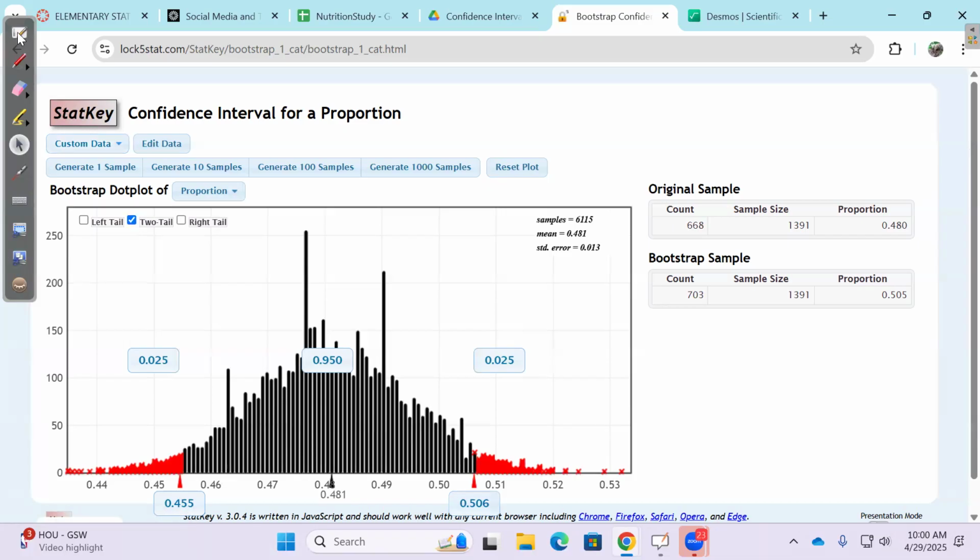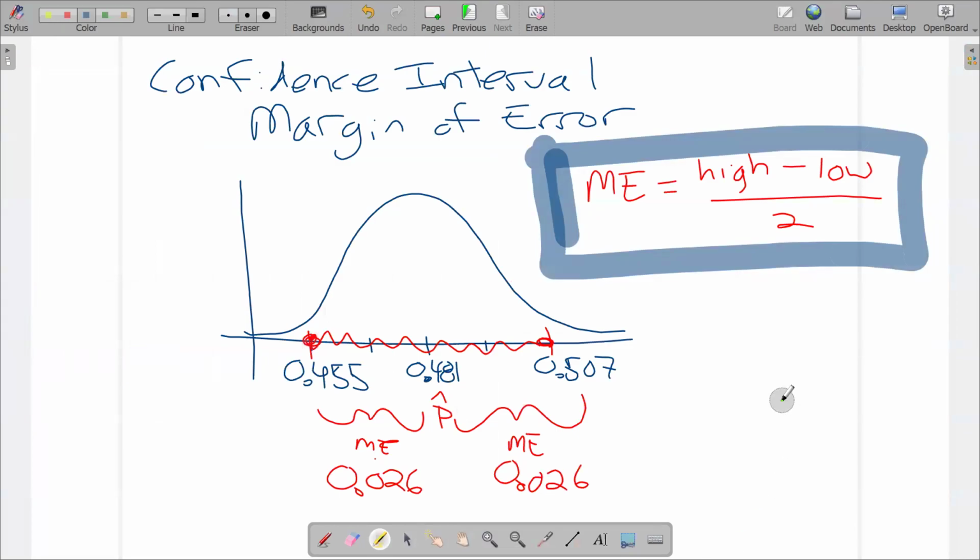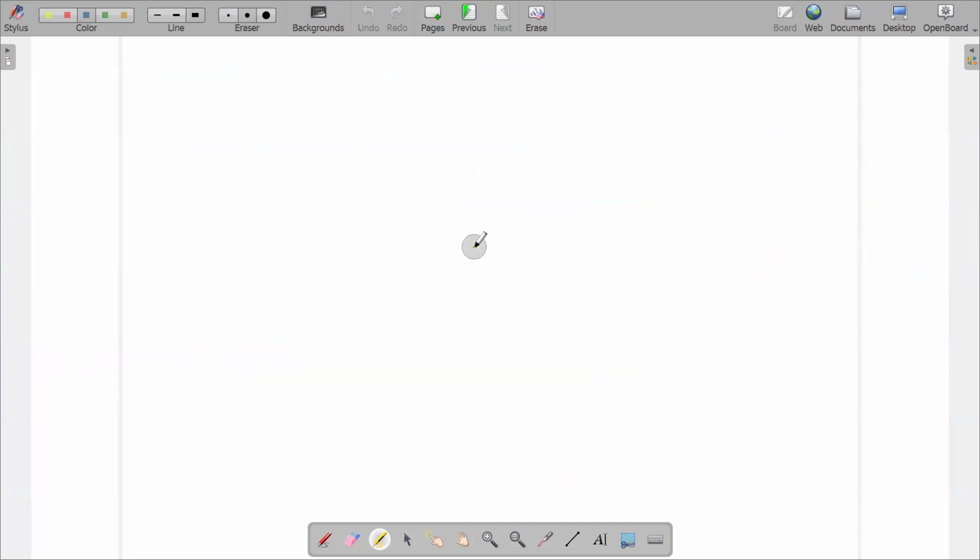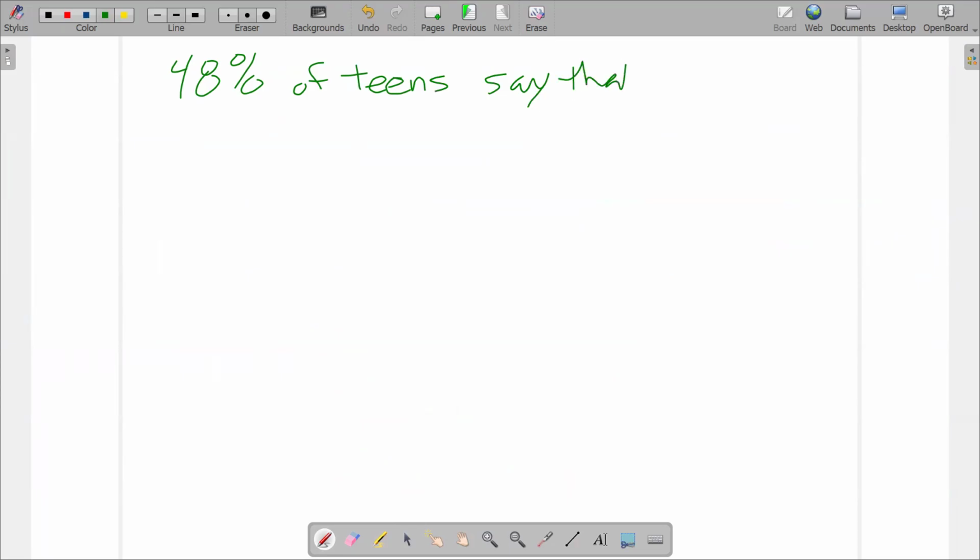All right, so one last thing about this example, and we'll take a quick break and do another one. So here's what we have about this particular situation. After all that math and explanation, we started off with 48% from that survey, of that research, 48% of teens say that social media is harmful to people their age.